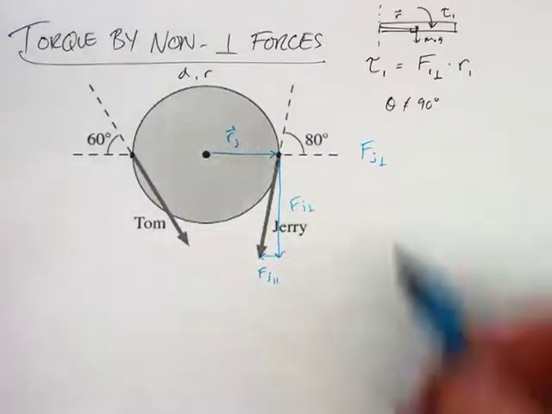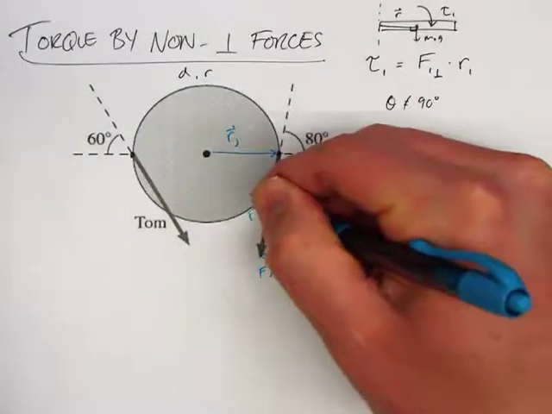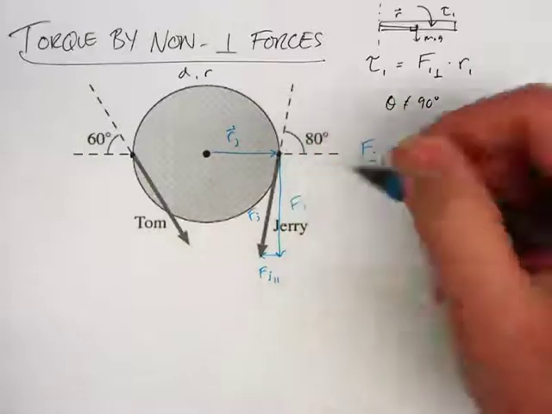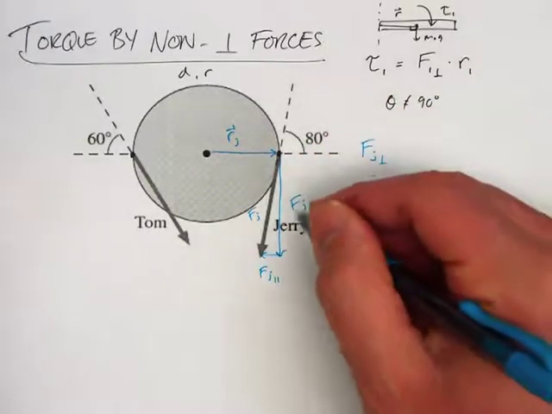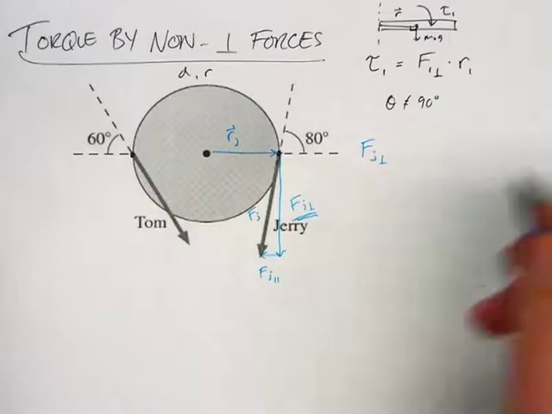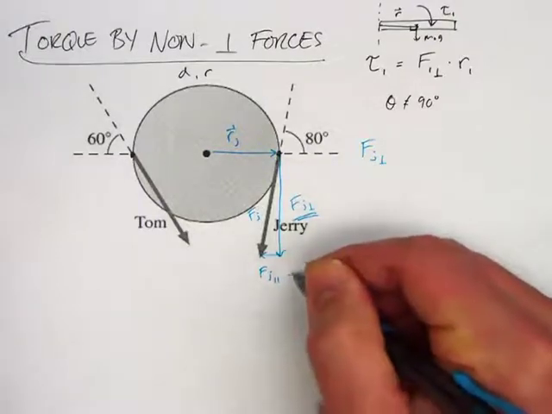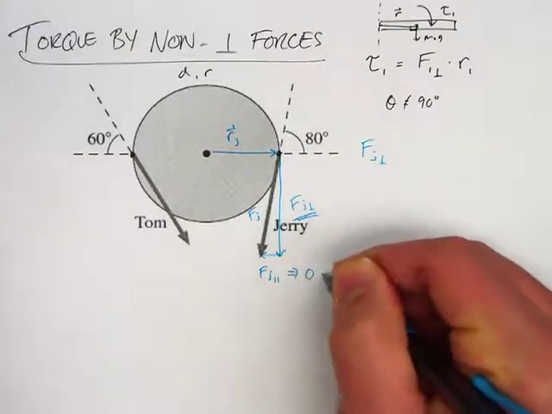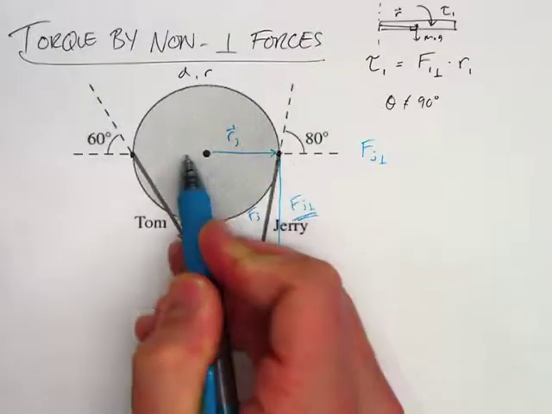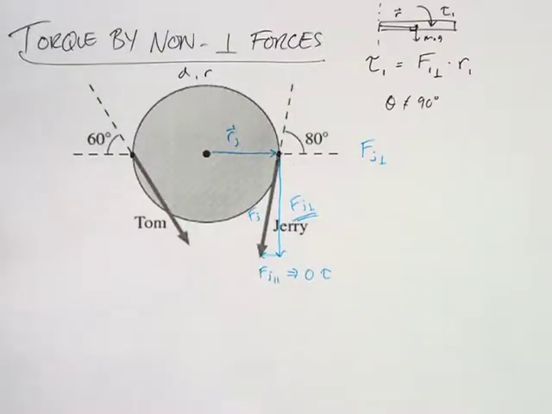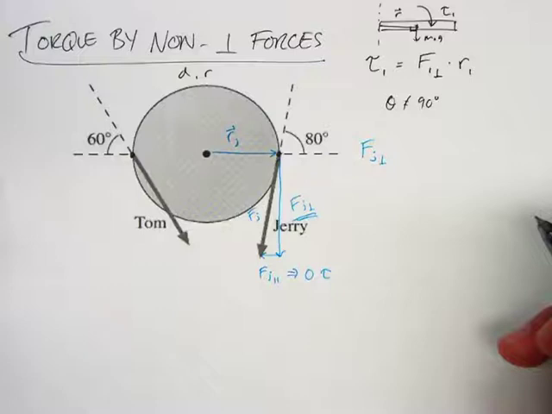So I can break Jerry's force, let's call this Fj, the overall force, into perpendicular and parallel components. And what I would see is this is the component that exerts a torque. This exerts zero torque because if you look at it, it's through the point of rotation. So any force through the point of rotation exerts no torque.